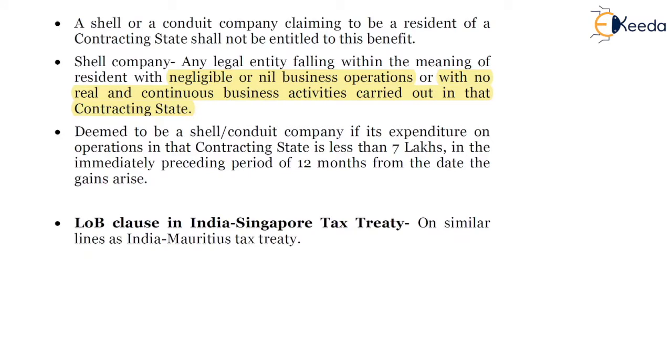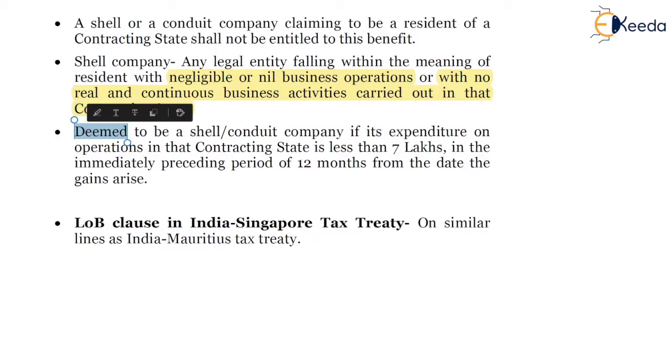So shell company is that which, if you see as a larger picture, normal business activities are not carried out at all, and such company will be termed as shell company or conduit company. And in our example, it will be C Limited, which will be held to be a shell company, and accordingly the treaty benefit won't be available to such companies.